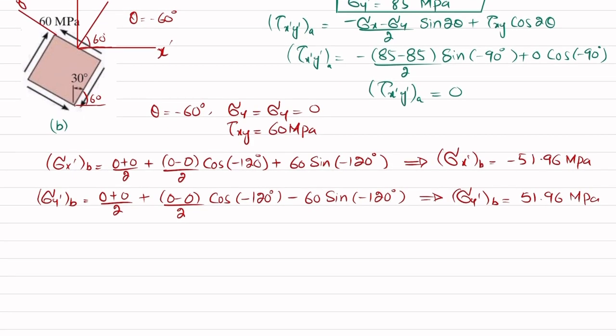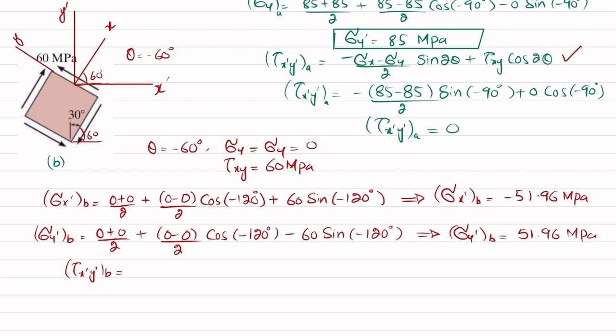And tau of x dash y dash for case B, you will use this formula. So it will be minus 0 divided by 2 into sine of minus 120 degree, plus tau of xy, which is 60, into cos of minus 120 degree. When you calculate it, this will be equal to minus 30 megapascal.